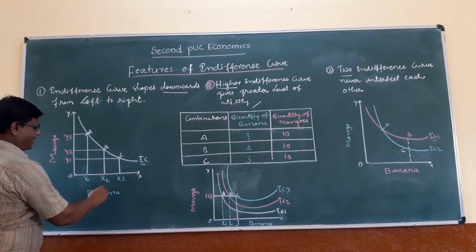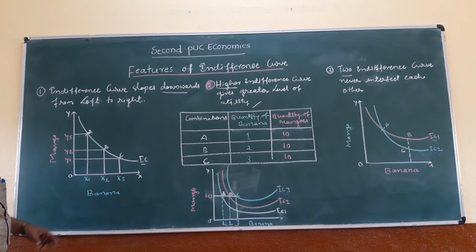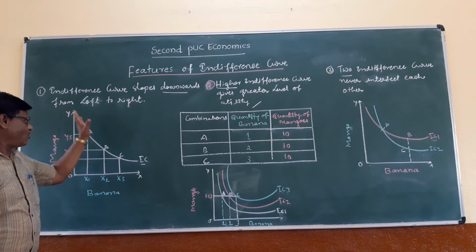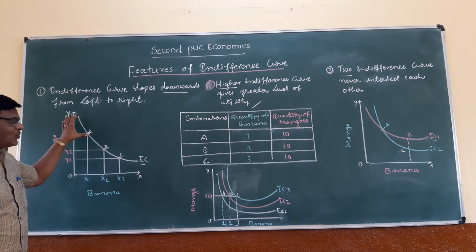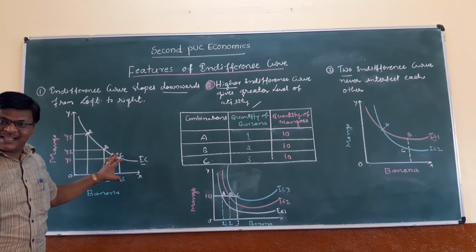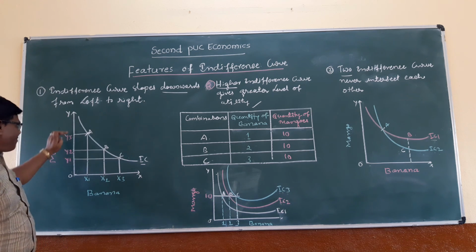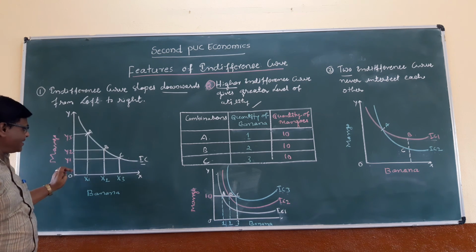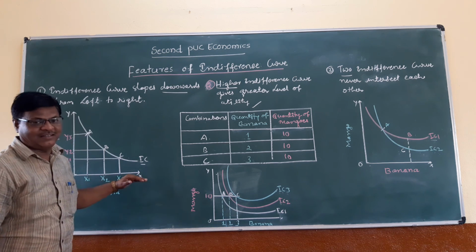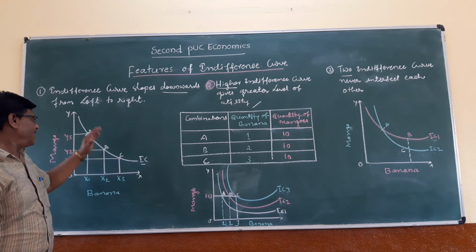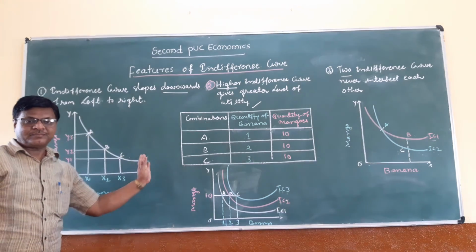The OX horizontal line measures banana and the OY vertical line measures mango. IC is the indifference curve which slopes downwards from left to right. It indicates that one commodity must decrease and another commodity must increase.